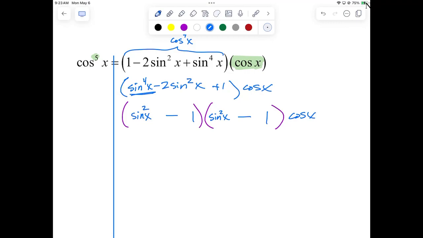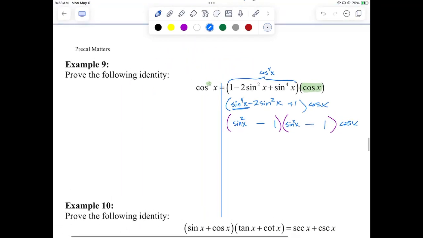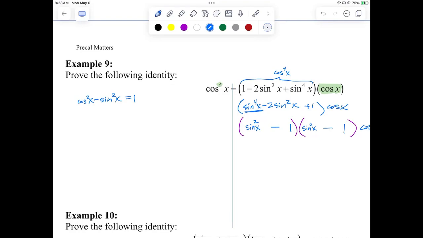All right, now I need to come off to the side and look at Papa Pid. I know that cosine squared of x minus sine squared of x equals 1. So what is sine squared of x minus 1 equal to? No, not cosine squared of x. I don't know.